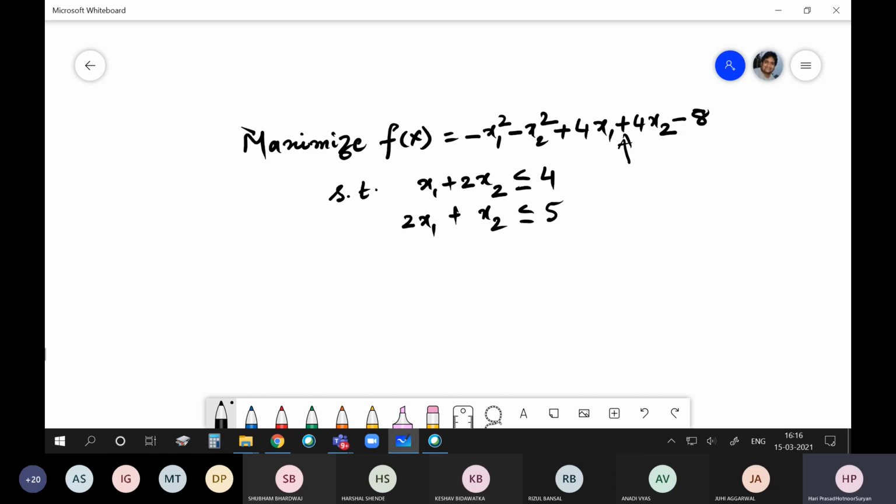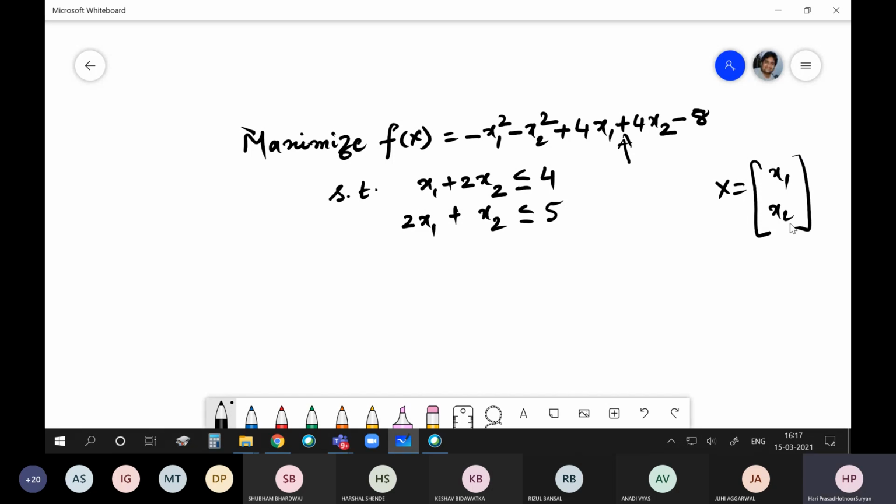Let us see. So my decision variables, this vector is x1 and x2.